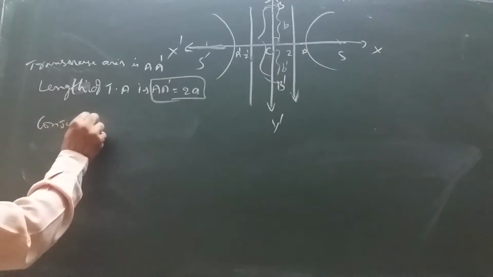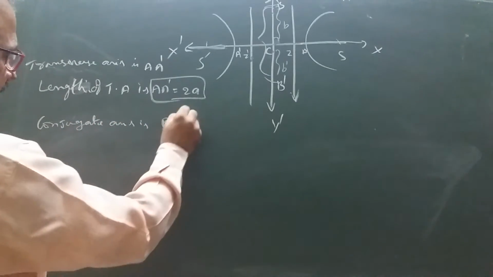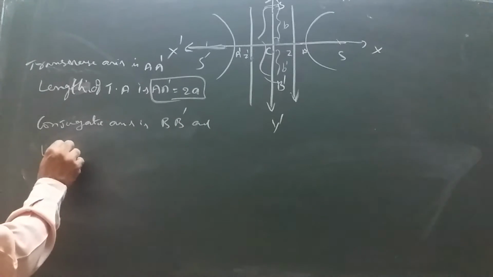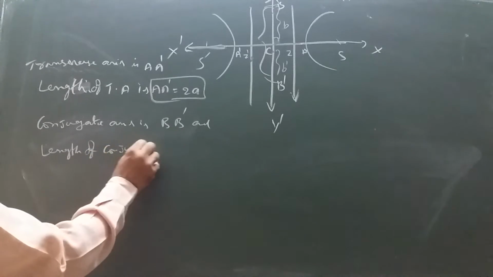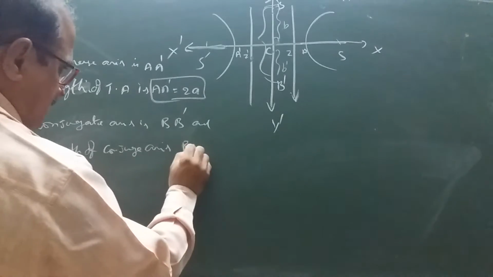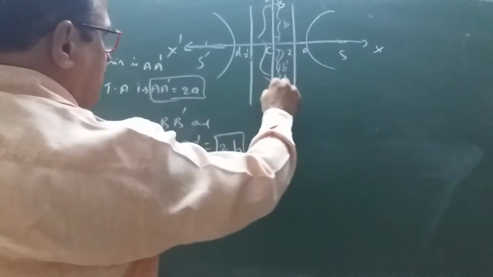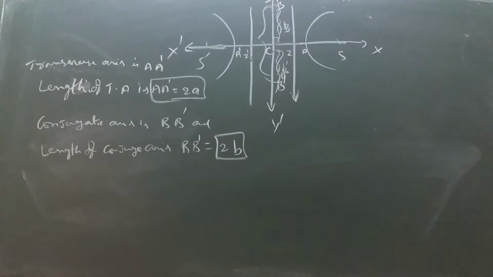Conjugate axis is BB dash, and the length of the conjugate axis BB dash is equal to 2b. This length is b, this length is also b, with opposite sign for B dash.